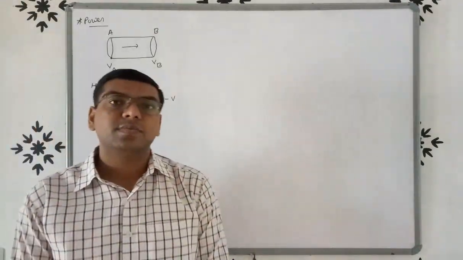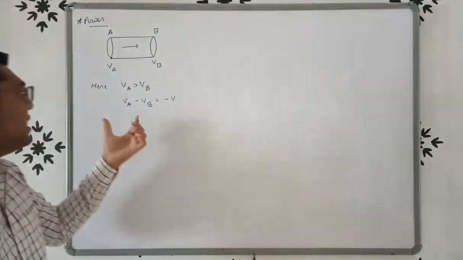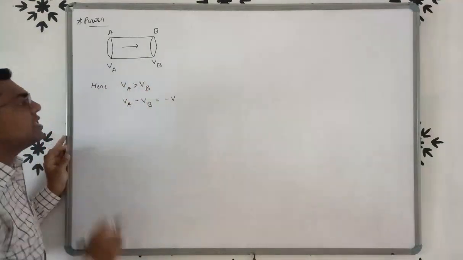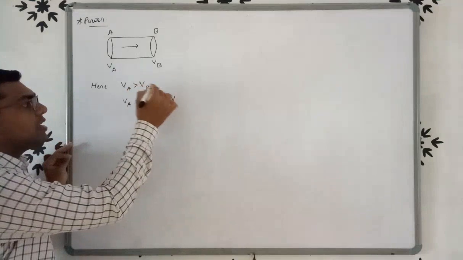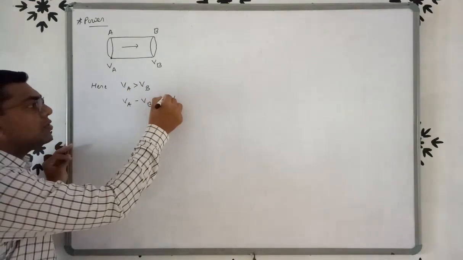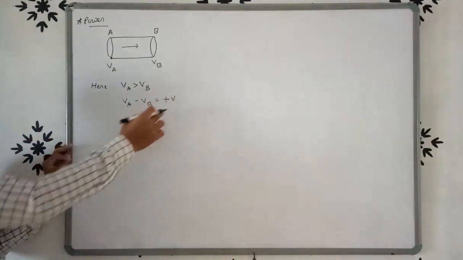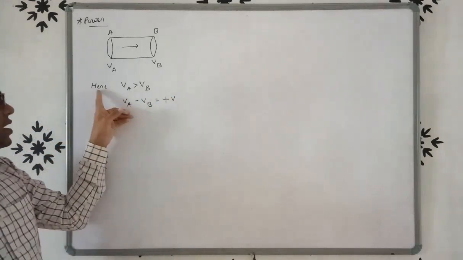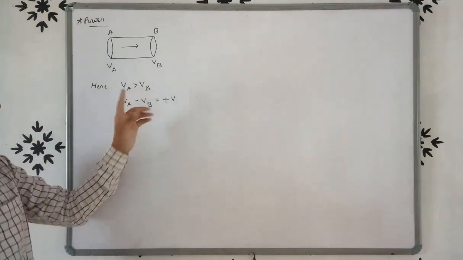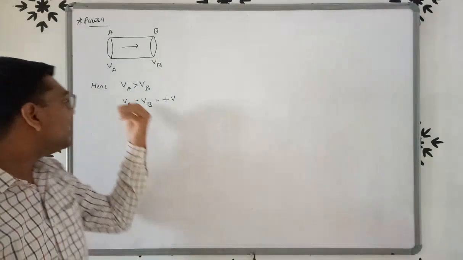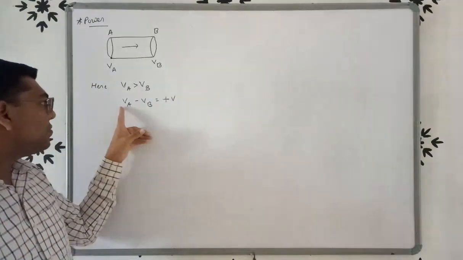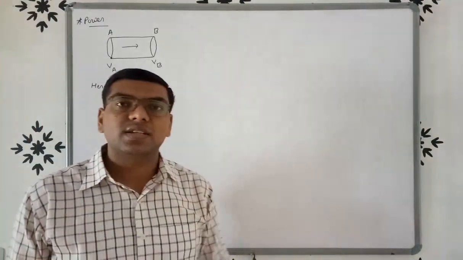Now we can say here VA is at higher potential, so we have to say VA minus VB is equal to plus V. Why? Because we consider that VA is greater than VB, right? So A is at higher potential, so VA minus VB is equal to plus V.